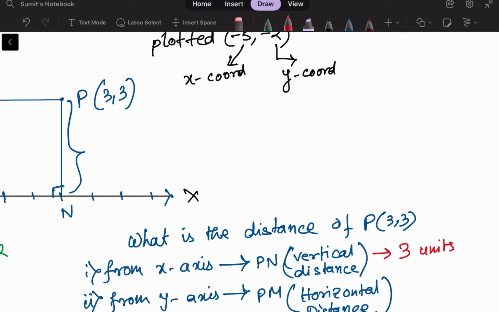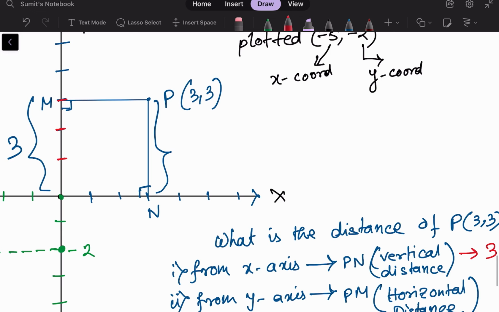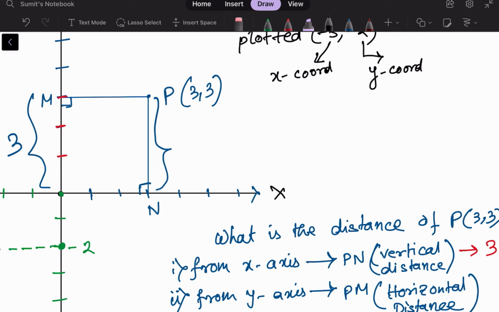Got my point? To understand the horizontal distance PM, we need to understand this portion. So what is that distance?